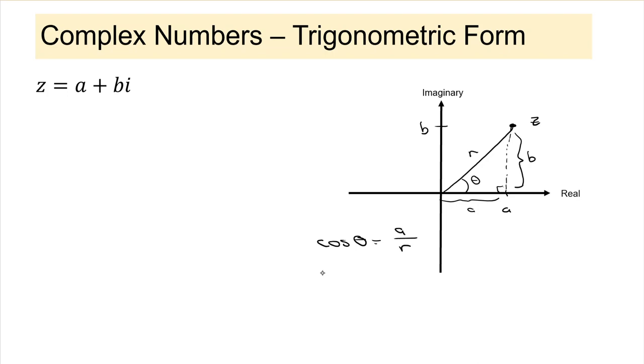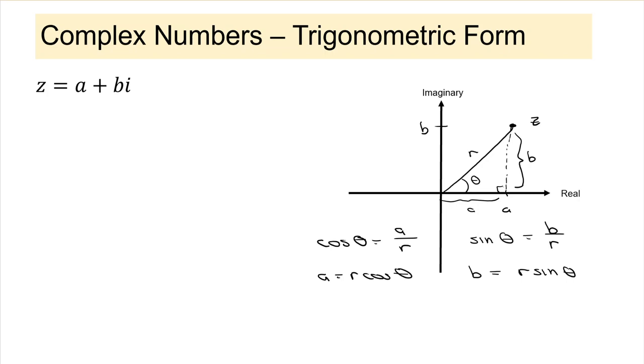If I solve that for a, I get a equals r cosine theta. Now I'm going to do the same thing for sine theta. Sine theta equals opposite over hypotenuse, so b over r. Solving that for b, I get b equals r sine theta.